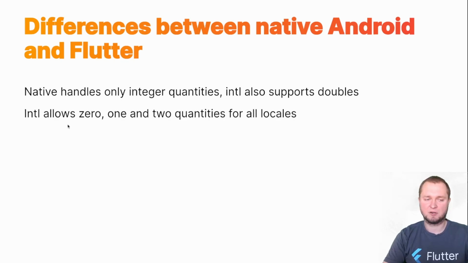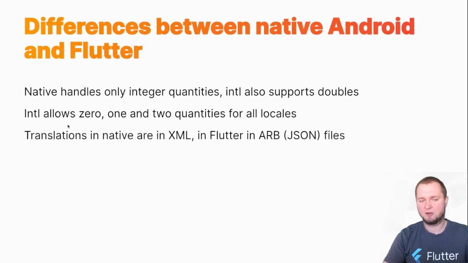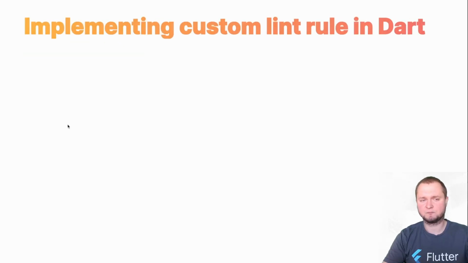What is more, Intl allows 0, 1, and 2 quantities for all the locales, even if they don't support it officially. For example, you can provide 0 in English, and it will actually be used for 0, but there is no 0 quantity in the Unicode rules for English. And finally, the translations for native are in XML files, but in Flutter they are in ARB.